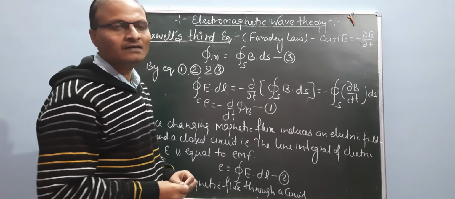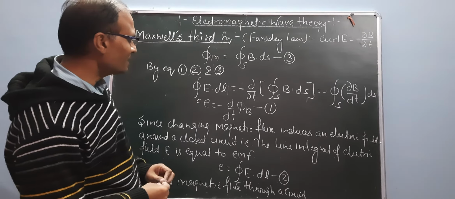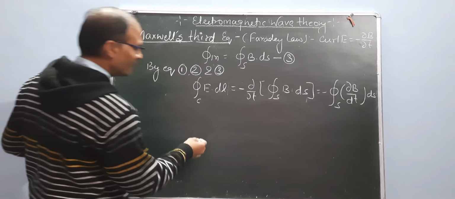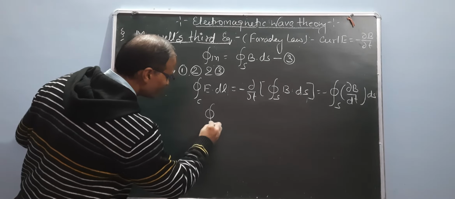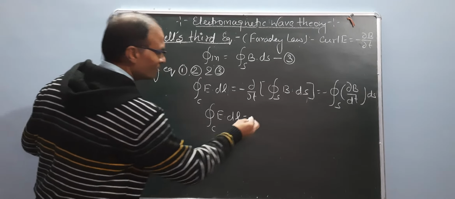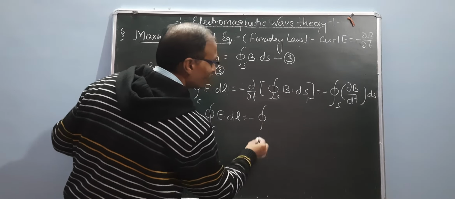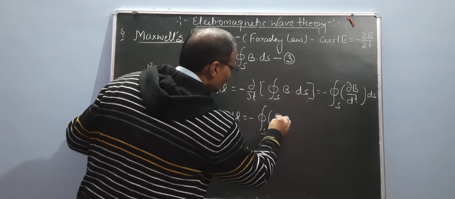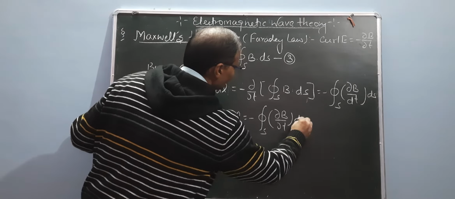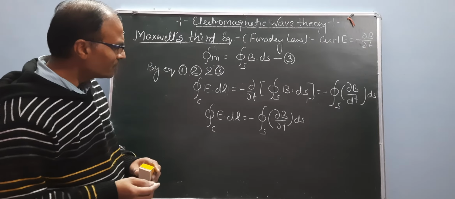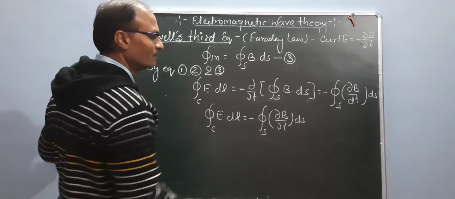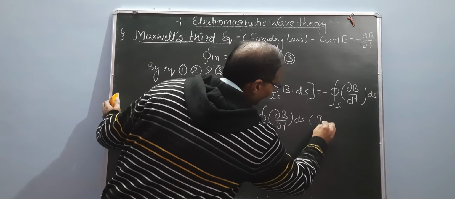Now the equation is closed circuit C E dot dl equal to minus closed surface S dB upon dt into ds. If you see the equation, this is the integral form of Faraday law.